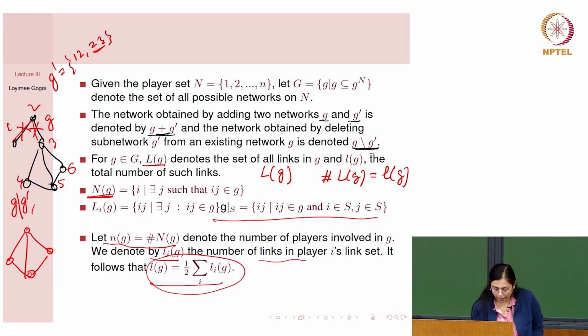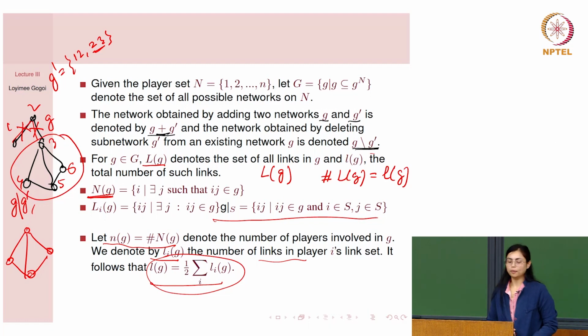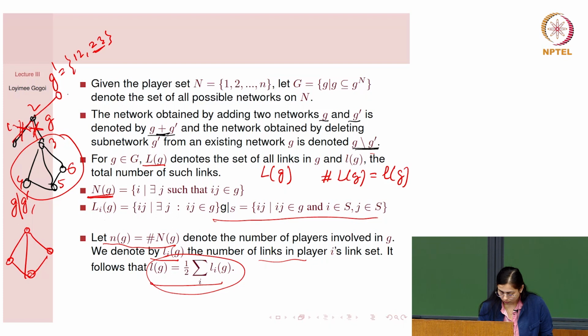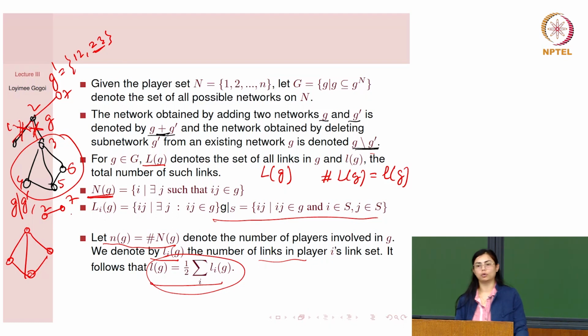The thing is that I am going to consider only this sub-network. From the network, deleting this part means 1 and 2 are not there. If in this network there is a 6, 7, then it will be 2, 7, and it becomes another component. But 1 is not there, or I can say 1 is an isolated player.